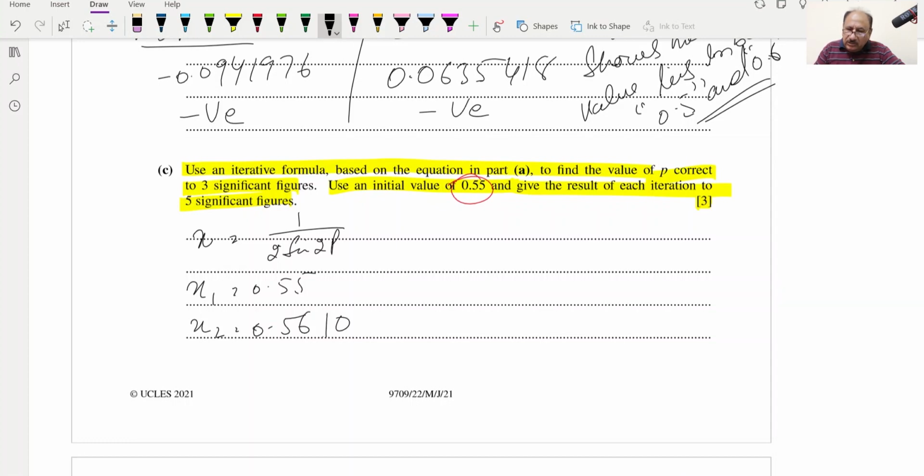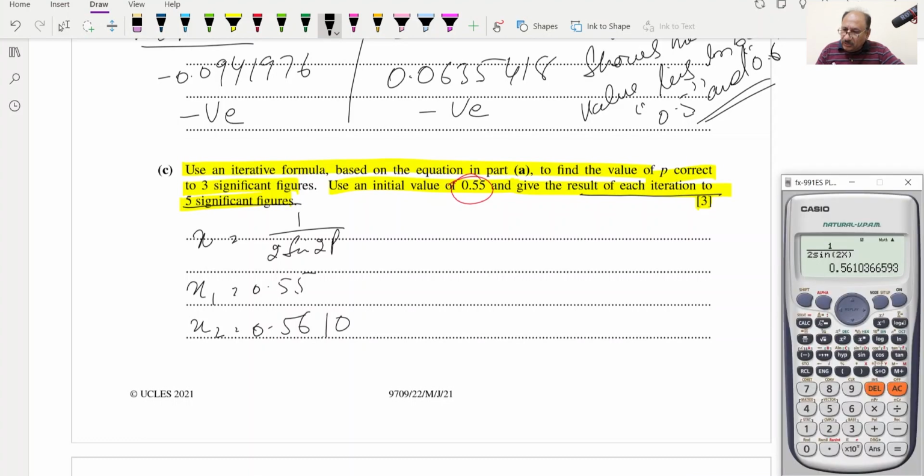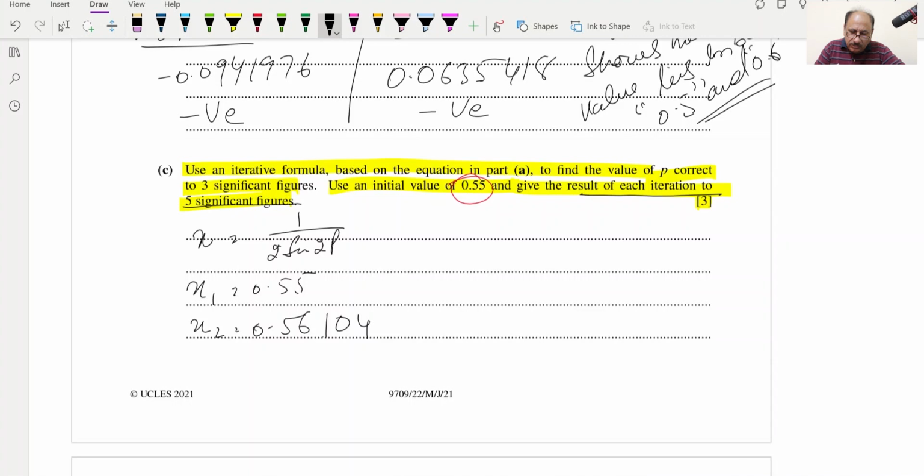They are saying give the result of each iteration to 5 significant figures. So 4 digits I have written, 0.5610, one more we have to take, that would be 3, but the next value is 6, so we'll change it to 4 over here. So up to 5 significant figures we are taking values.